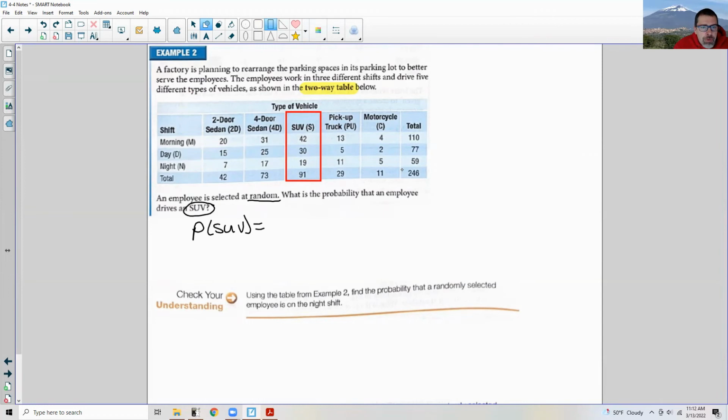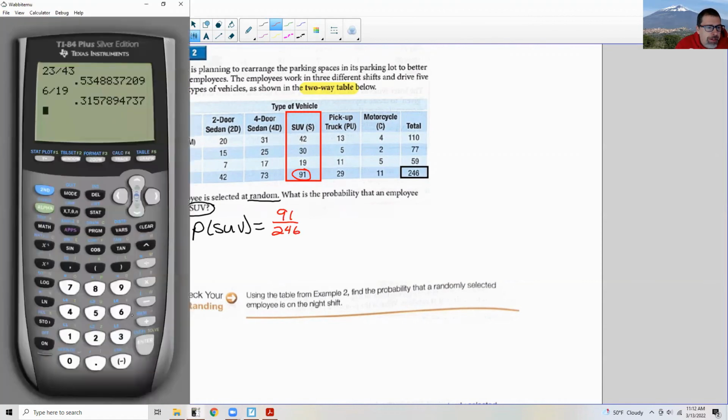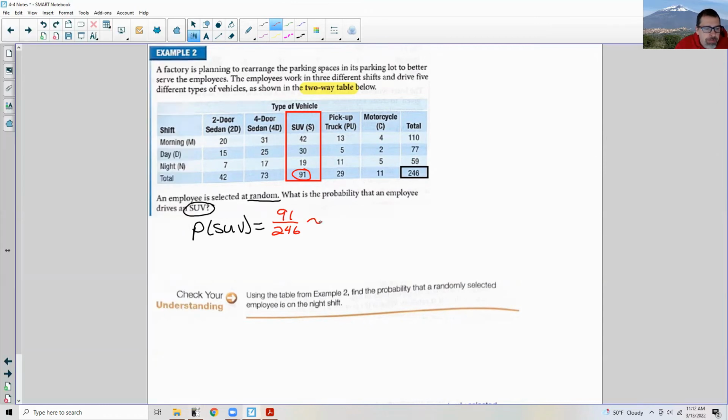All right, so the total is right here. So all you're going to do is take the probability of SUVs is the total number of SUVs divided by the total number of vehicles. And if I put that in my calculator, 91 divided by 246 is approximately 37%. Okay, if they're looking for an exact, you should leave it 91 over 246.